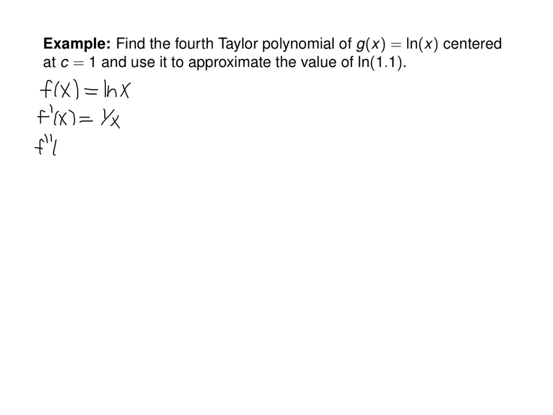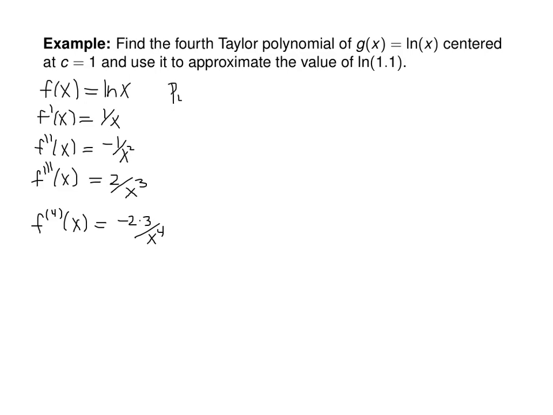The second derivative is negative 1 over x squared. The third derivative will be positive 2 over x to the third. And then the fourth derivative will be negative 2 times 3 over x to the fourth.